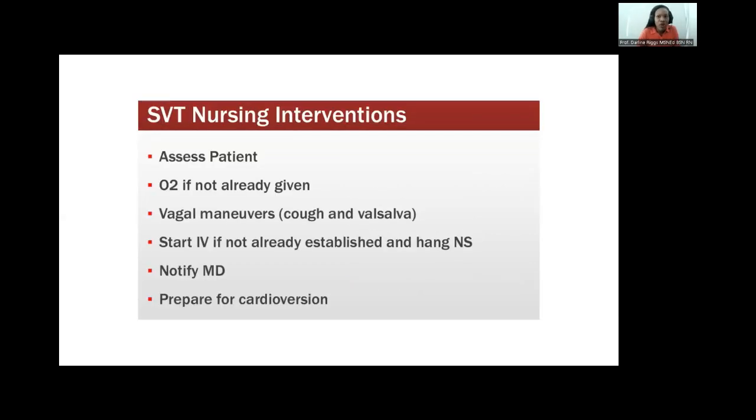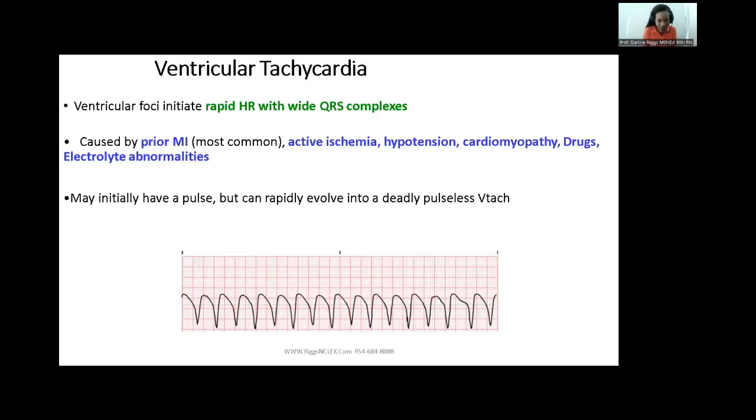Okay, so now this could progress to VTAC. This is where it gets different. We haven't covered VTAC. Ventricular tachycardia: the ventricles are overfiring. So a rapid heart rate with, I wouldn't call these QRS complexes.